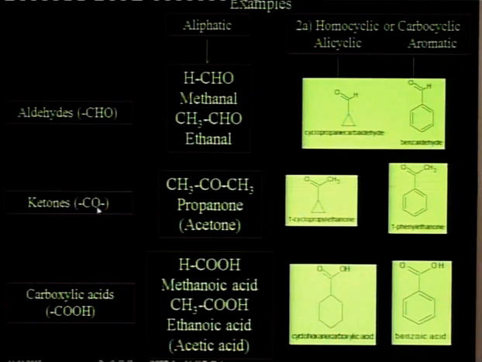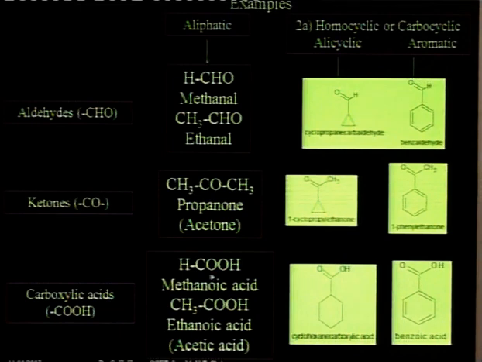Ketones have C double bond O, therefore, we have propanone, acetone is the best example for aliphatic, and for alicyclic you have 1 cyclopropyl ethanone and 1 phenyl ethanone, which is an aromatic ketone.